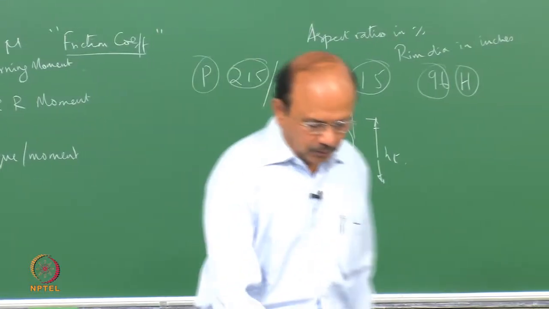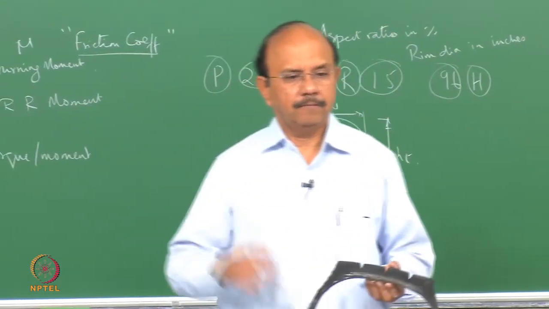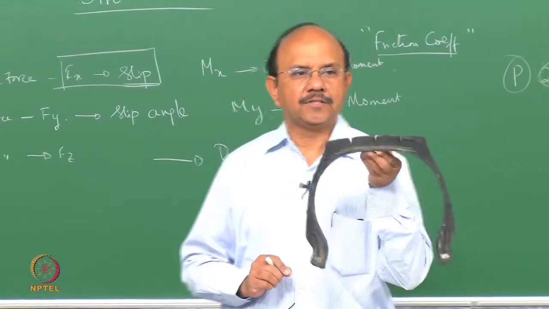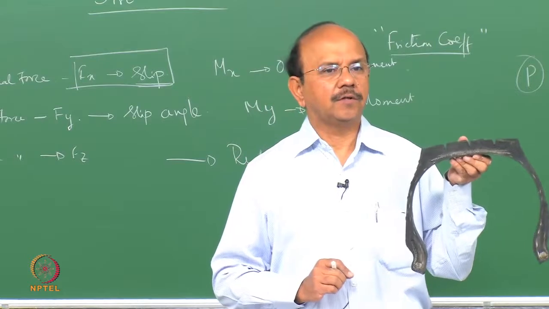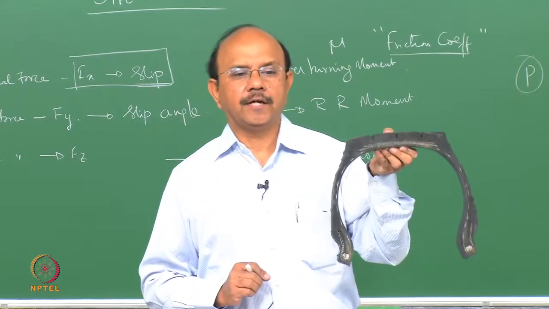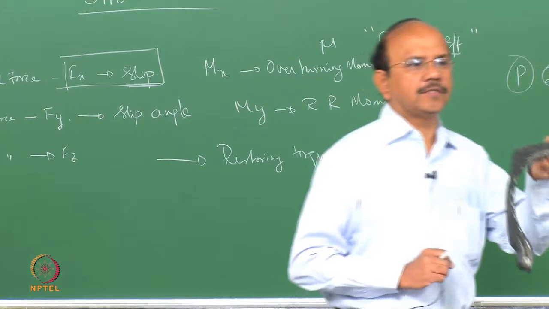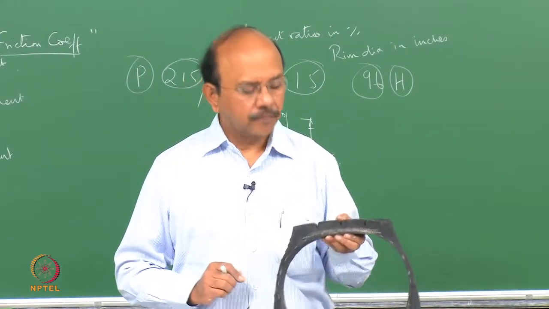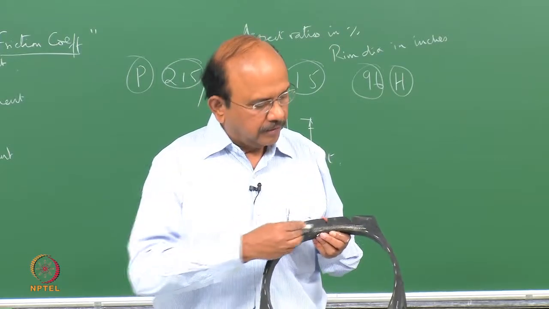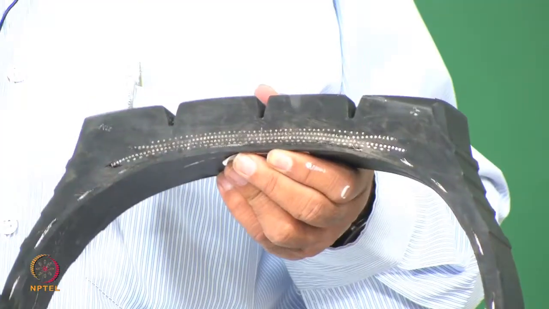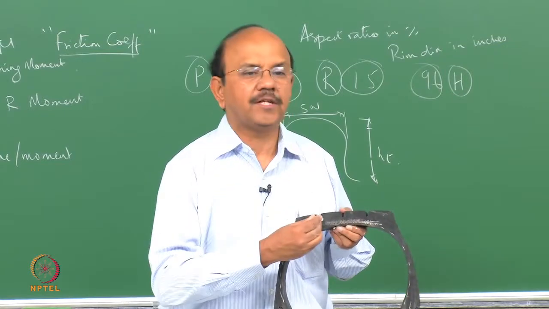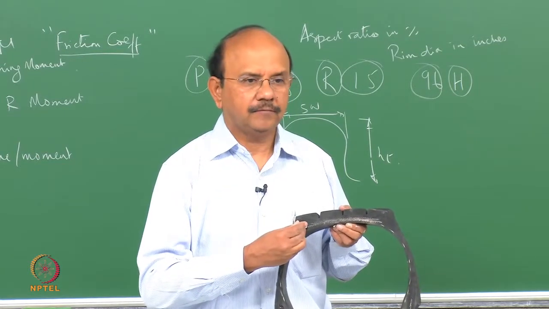A quick look at the section before we go further and explain the micros. That's a typical cut section of a truck tire, courtesy JK Tires, one of the leading manufacturers. You would notice that there are a number of reinforcements, and that these reinforcements in this tire are made up of steel.